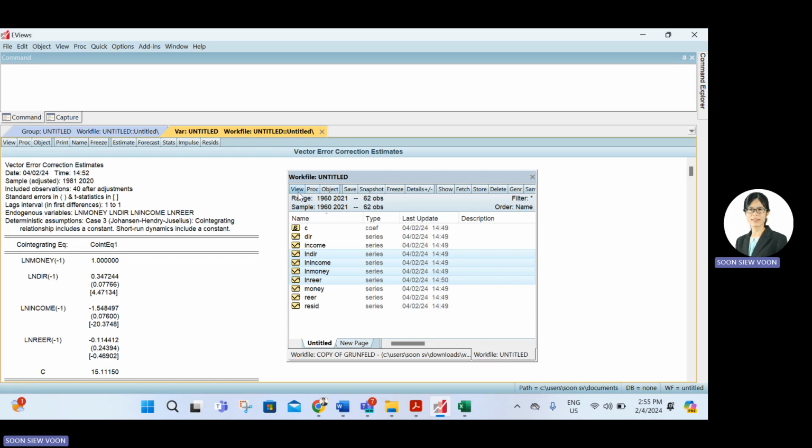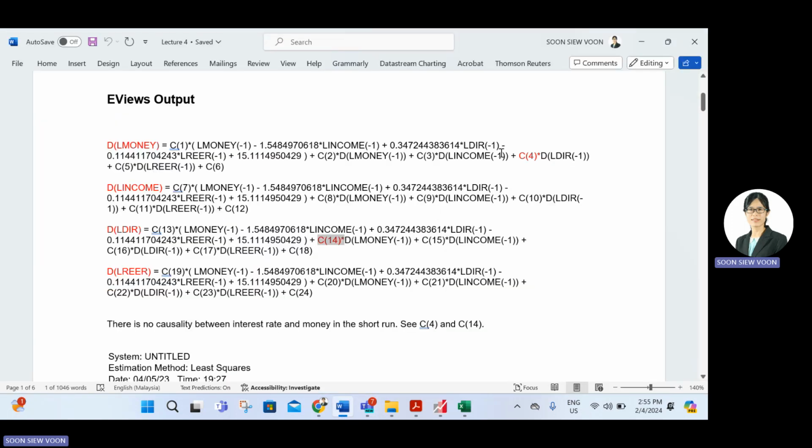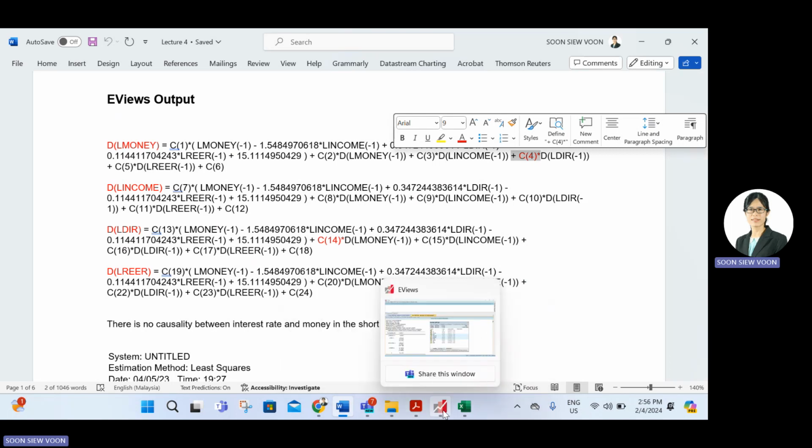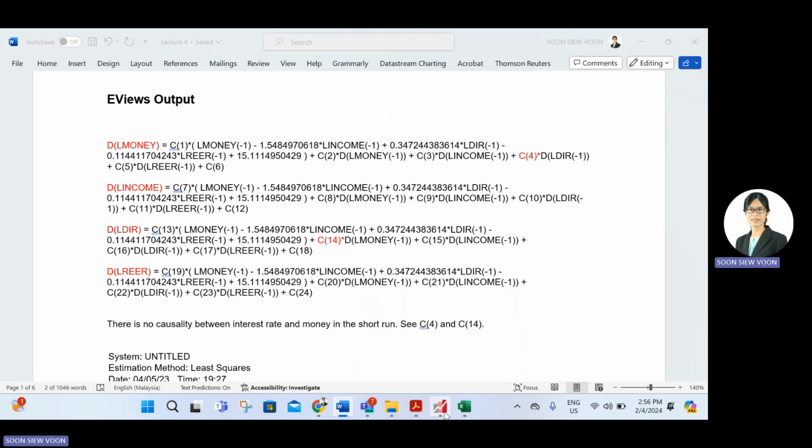Different people will have different coefficient numbers, because it is very sensitive to the order. Let's say here it is C4. If you put income at the back, then the order of the coefficients will change.